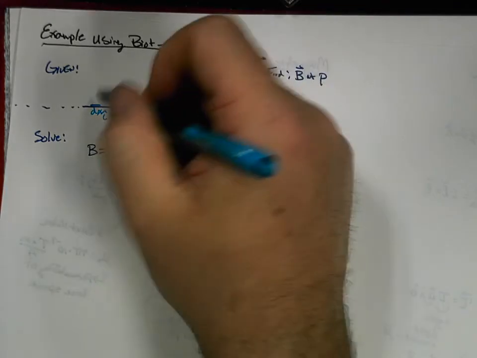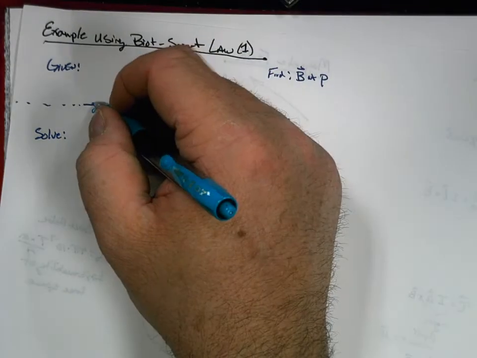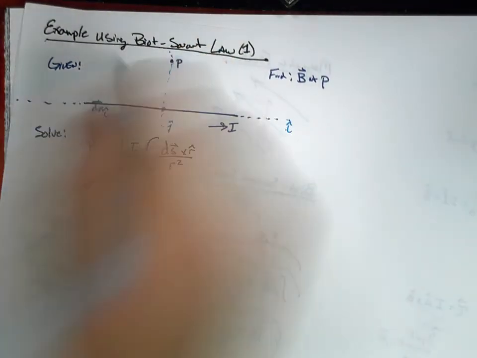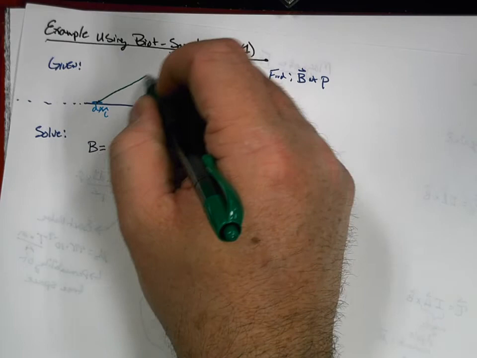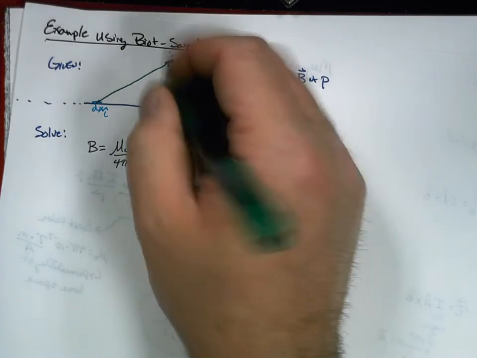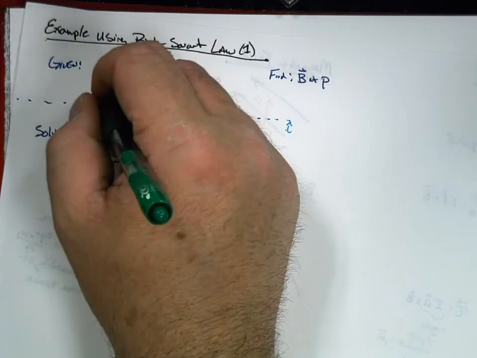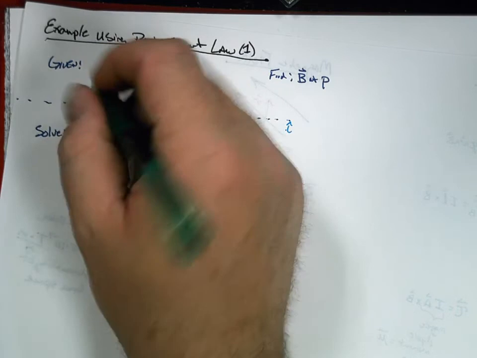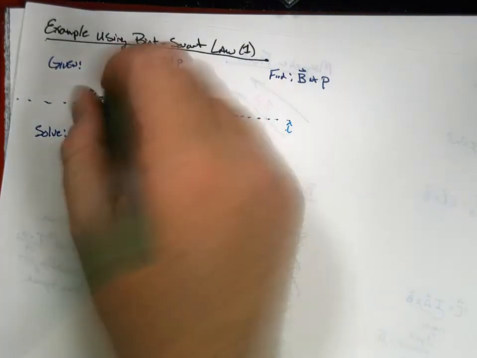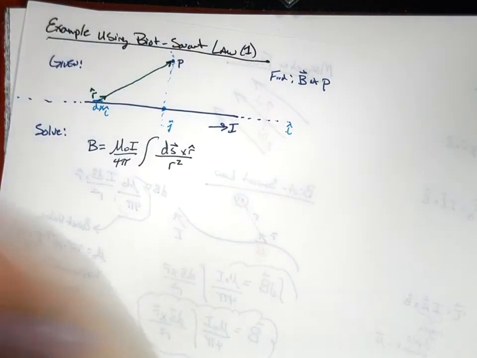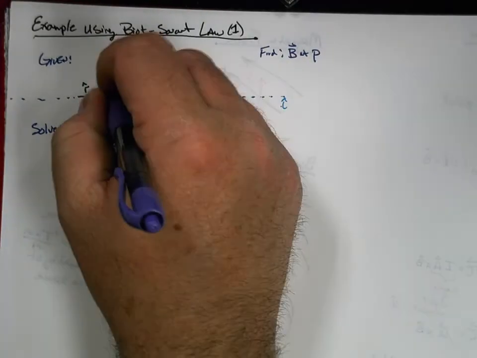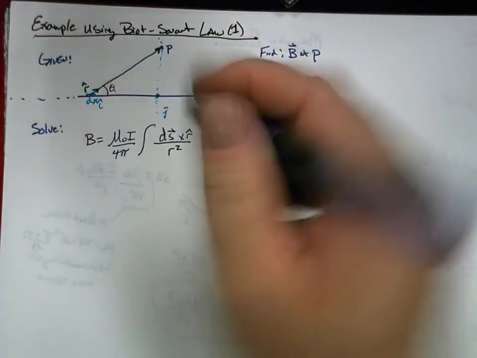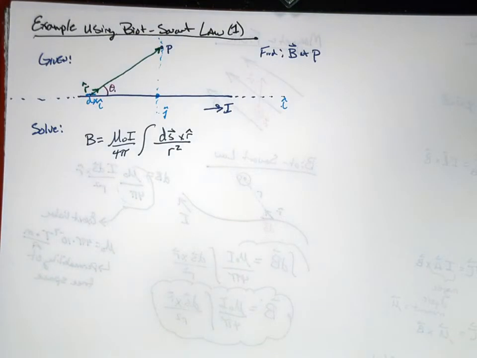Okay, and from this point right here, the field vector for this one is going to point right at B, like that. And this is in the r hat direction right there. And this angle right here will be theta 1. And we're going to have another one, so just work with me here.